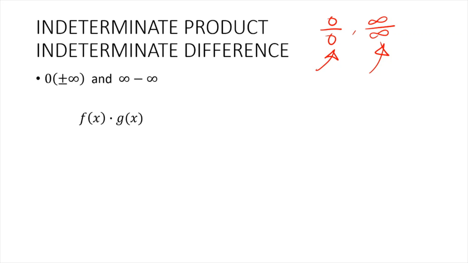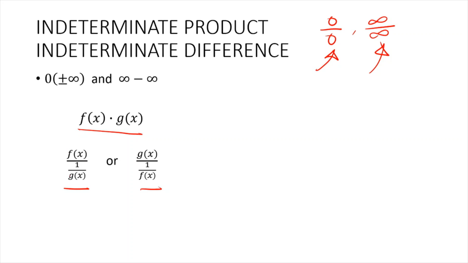So our goal here is to manipulate this product, this expression, so as to get either 0 over 0 or infinity over infinity. Okay, so to do that, we can either retain f of x and then divide it by the reciprocal of g of x, or retain g of x and then divide it by the reciprocal of f of x. Okay, these two are just equivalent to f of x times g of x.